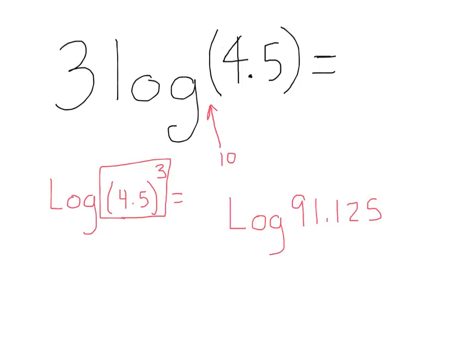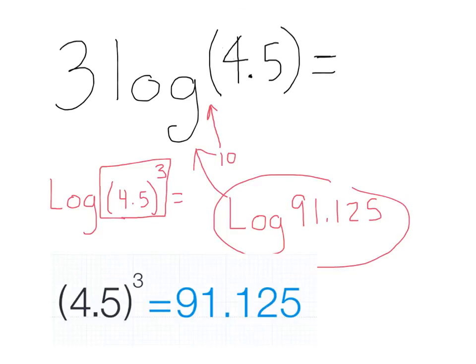So all we're doing is converting forms. We're saying this is the same form as that. I also want to reinforce that anytime you type a number in the calculator that you're raising to an exponent, you should always put it in parentheses. So you can see right here I took 4.5 and I raised it to the 3rd power, and that's where I got 91.125, which I put right here.